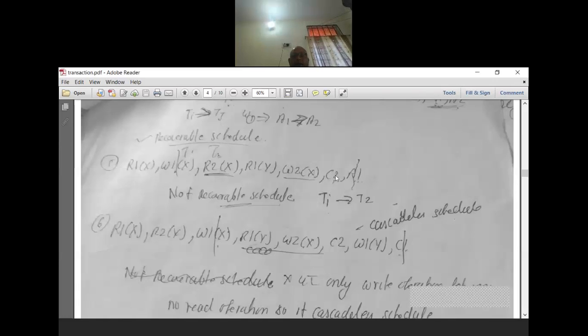No. T2 is completing before T1. So it is the opposite of this. T2 is completing before T1. So it is non-recoverable. And if T1 completes before T2, then it becomes recoverable.